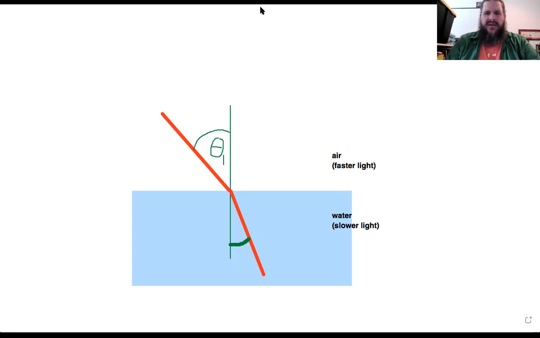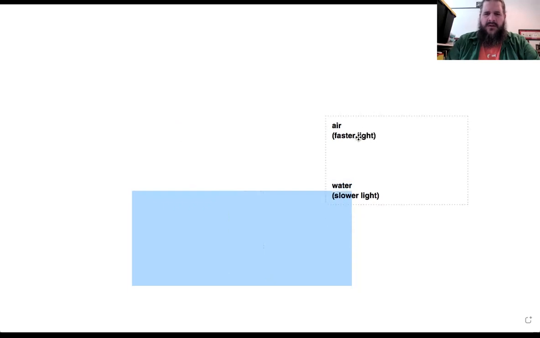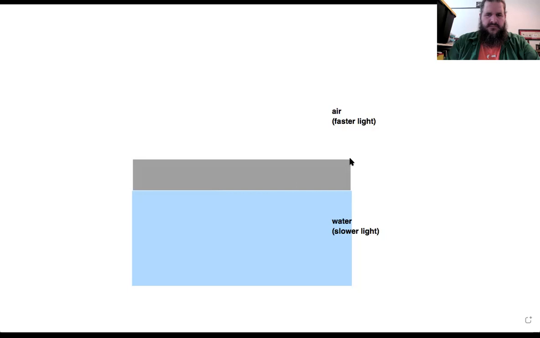Let's also take a look at that thin film that was mentioned earlier. The idea is if you have, let's say, water and air, but in between you've got some other medium. Let's say a thin layer of oil. And that's relatively thin.